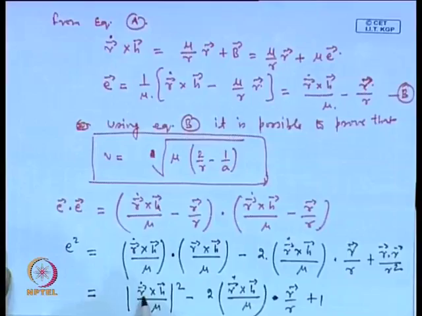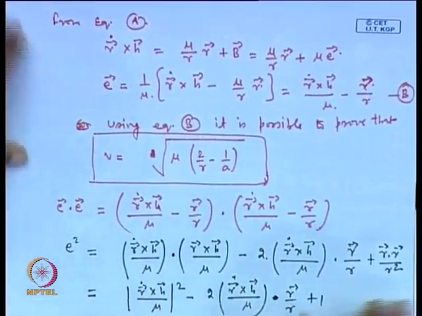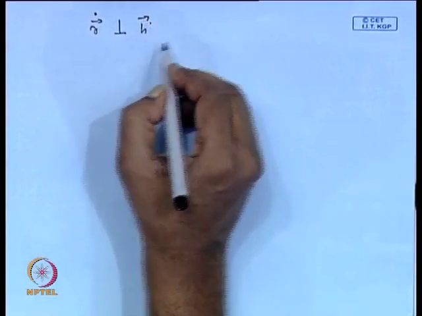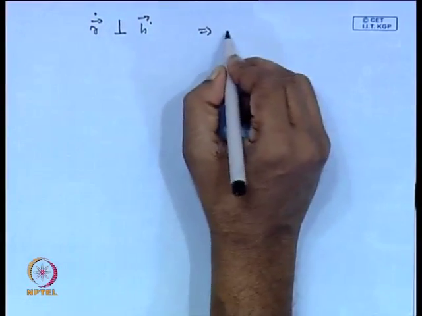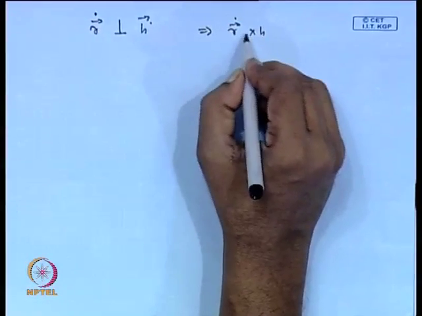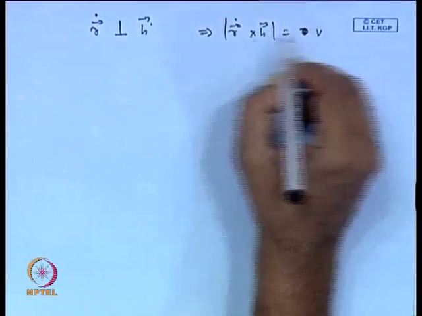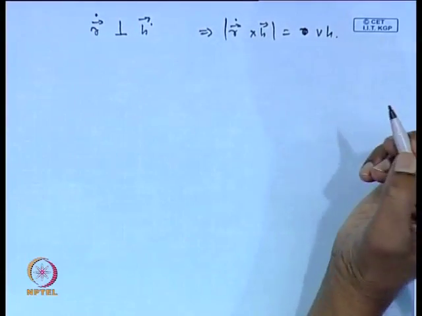So, you take the magnitude of this. The vector r dot is perpendicular to H, and therefore, this implies the r dot cross H magnitude will be equal to nothing but V times H.